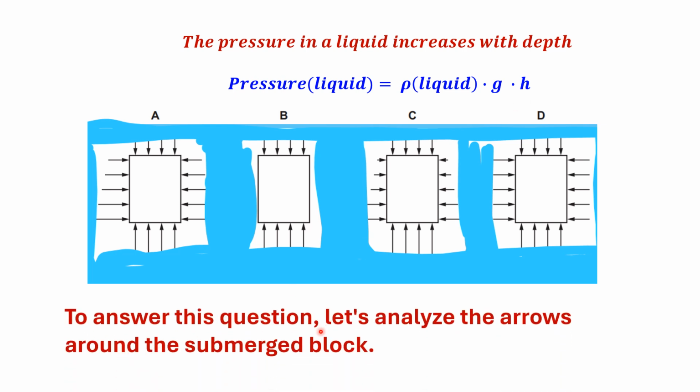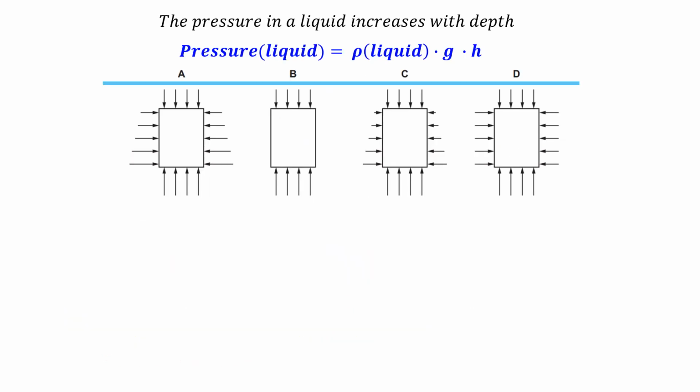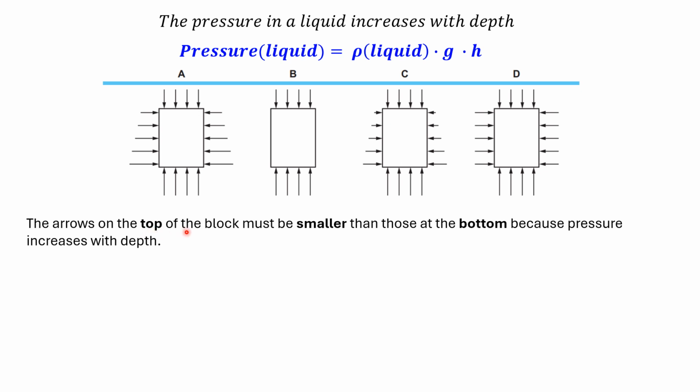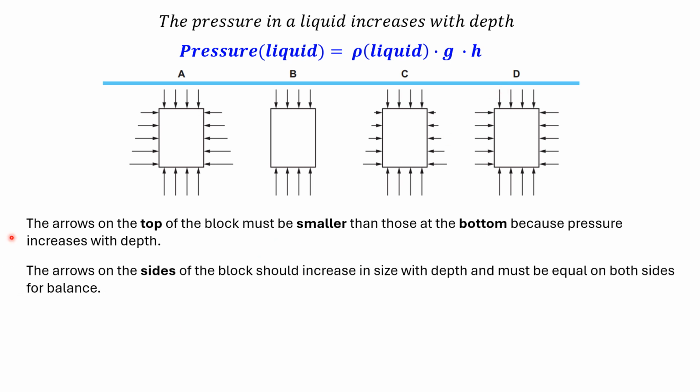To answer these questions, let's analyze the arrows around the submerged block. The arrows on the top of the block must be smaller than those at the bottom because pressure increases with depth. So option A, the arrows are smaller than the bottom ones. Same as B, same as C, same as D. Next.